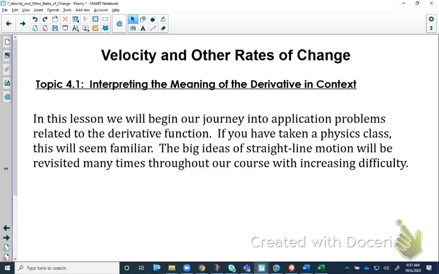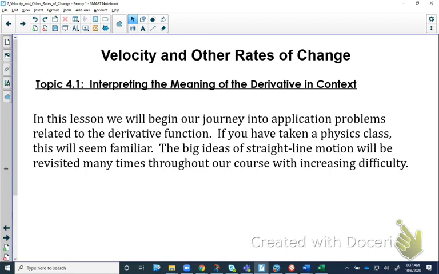Okay, ladies and gentlemen, this is the last lesson that we're going to take a look at in our Unit 2 material for introduction or basic differentiation. And this lesson is going to kind of be a doozy. This is a very important lesson.